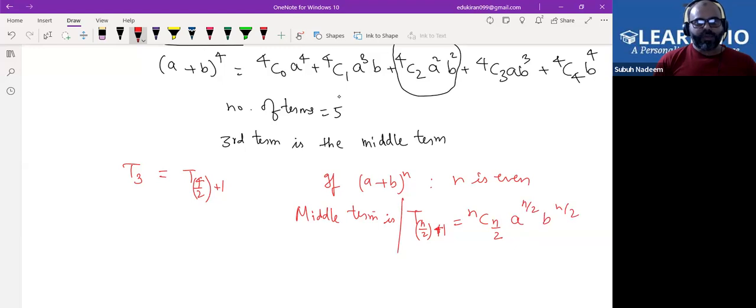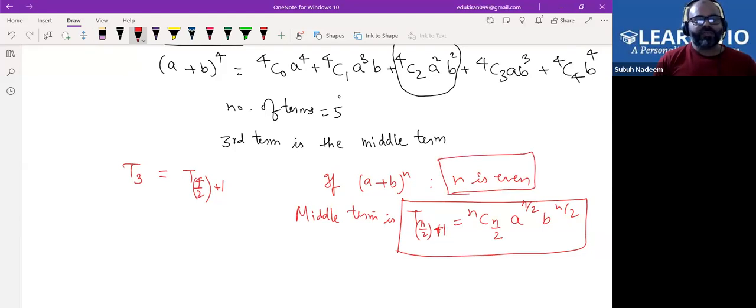So this will be the middle term. This is the formula for the middle term when n is even, when the index is even. Here we have taken an example, a plus b to the power 4. So the index is 4, so the middle term is the third term, which is 4 by 2 plus 1.